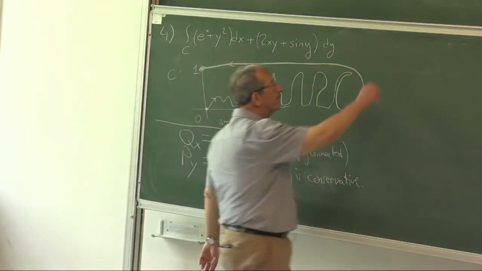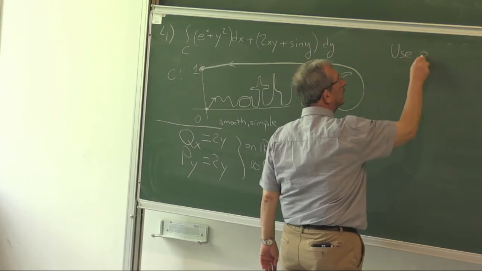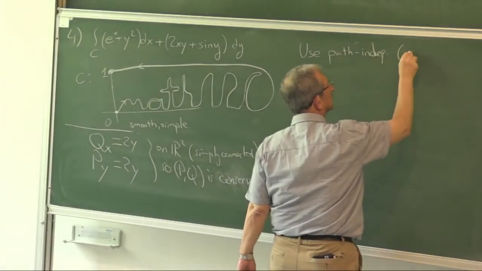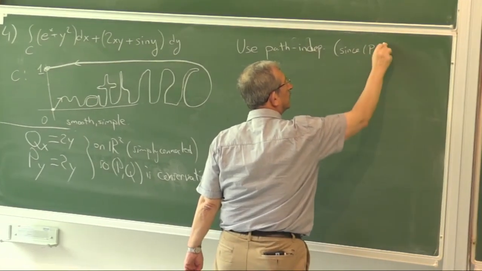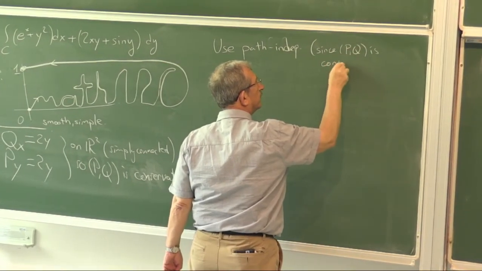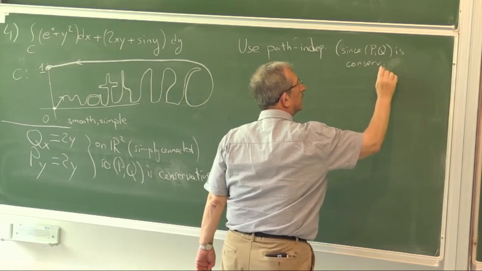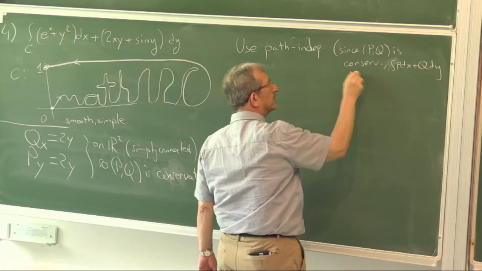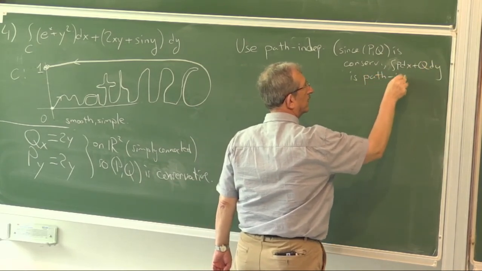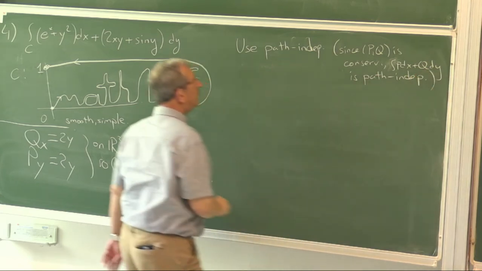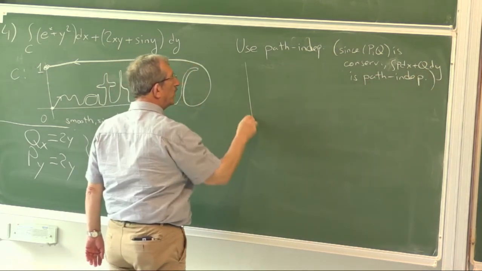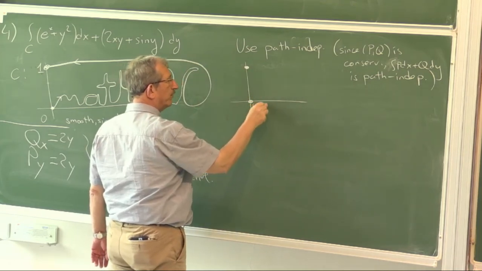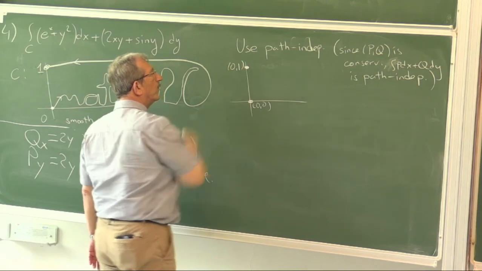So, okay, use path independence. Since P, Q is conservative, P dx plus Q dy is path independent. So, all we have to worry about is how we go from 0, 0 to the point 0, 1.